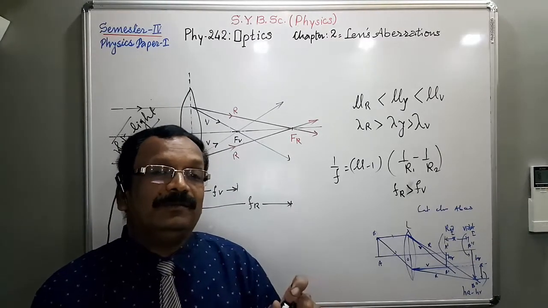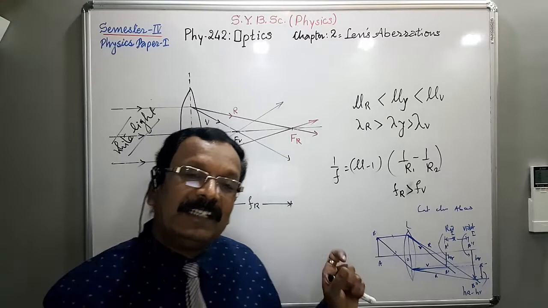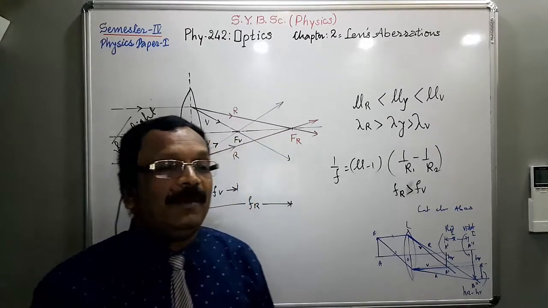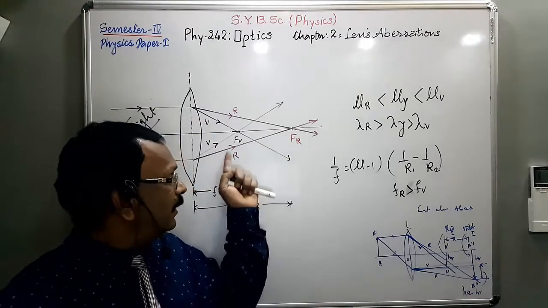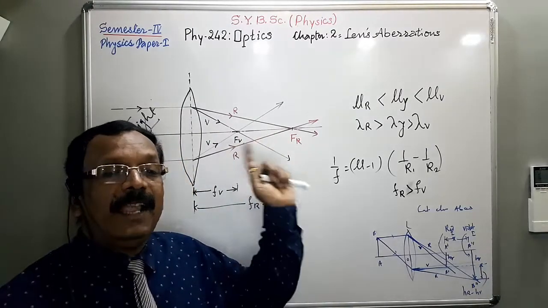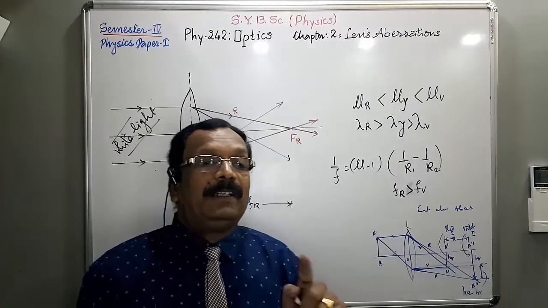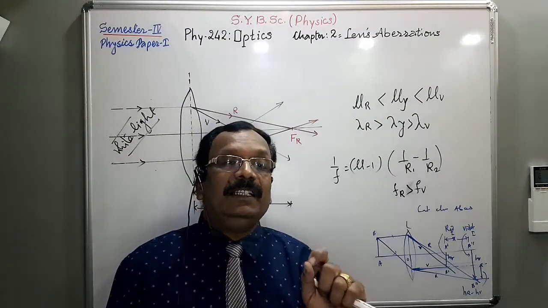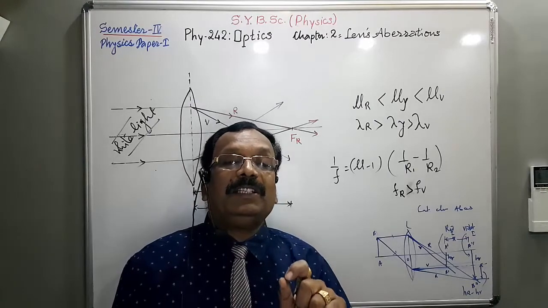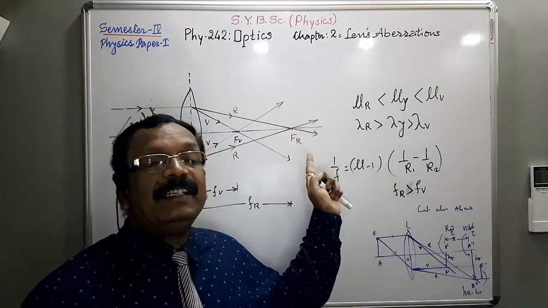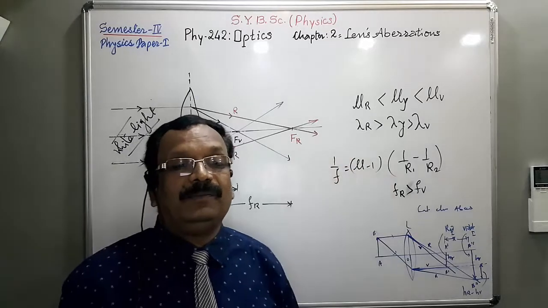Make your concentration here. This is a very important definition regarding axial chromatic aberration. The defect happens along the axis, and is axial chromatic aberration. The defect which results in blurring the image due to the lens along the axis is called axial or longitudinal chromatic aberration.